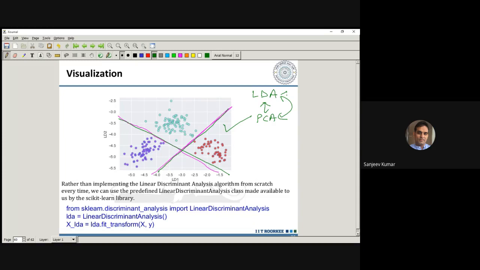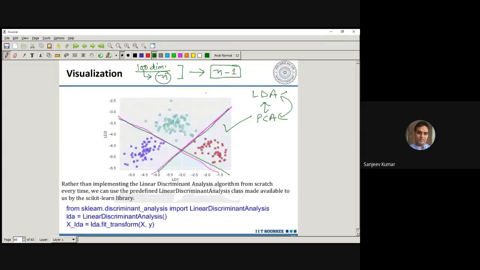But at the same time there is a limitation of LDA. If you have, let us say, 100-dimensional data, after using PCA you can go to 40, 50, 30, 20, 10, 5, whatever you want. But in LDA, if this 100-dimensional data is coming from n classes, you can reduce the dimension only up to n minus 1.